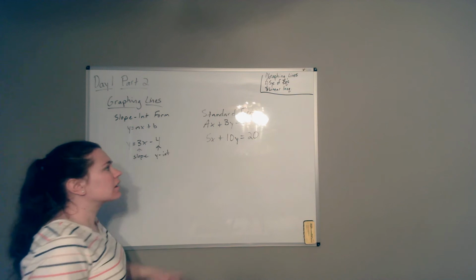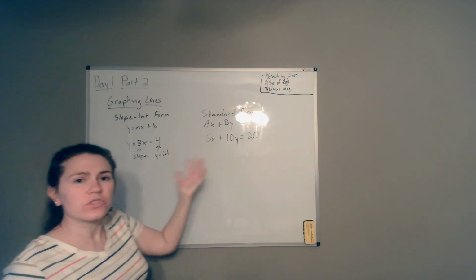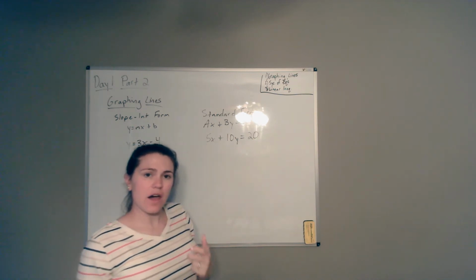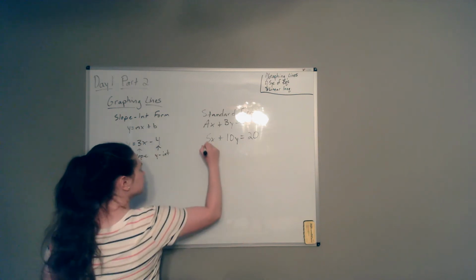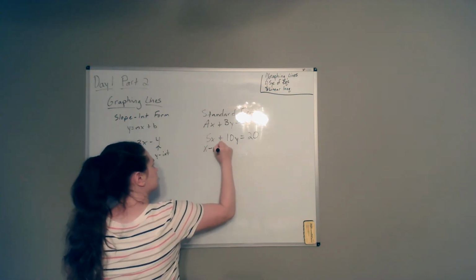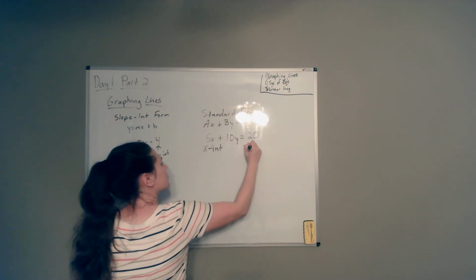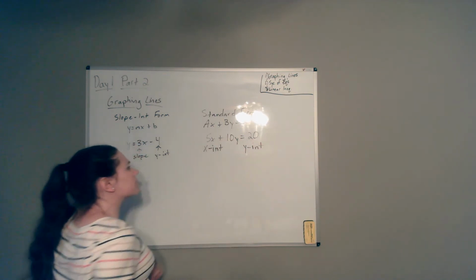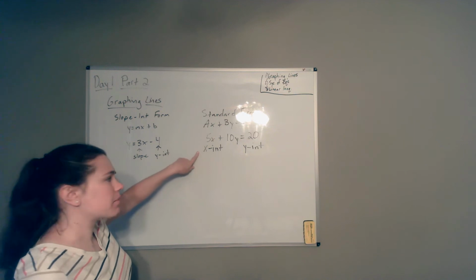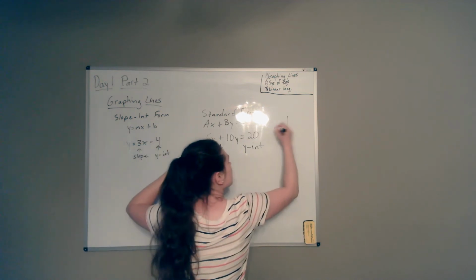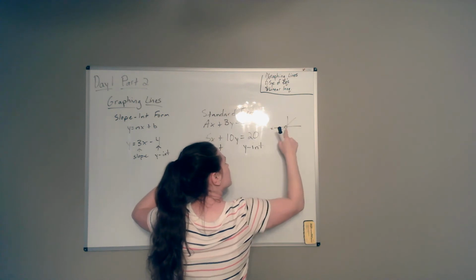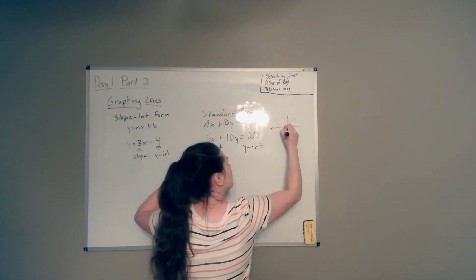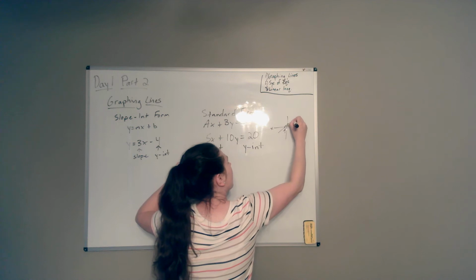okay, is another quick way to sketch a line, because you just need 2 points on a line. When you're in standard form, you can quickly get the x-intercept, because the x-intercept is where you cross the x-axis. That's your x-intercept right there. Right here, that's your y-intercept.